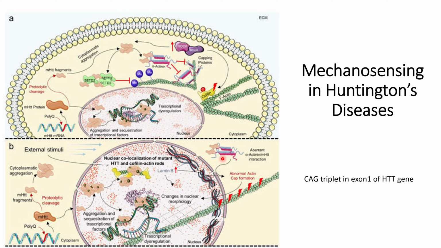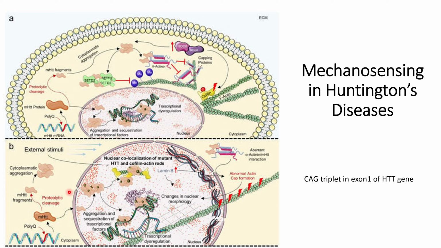However, because of the mutated Huntington, these interactions will be disrupted, and the abnormal cap functions will not be performed as efficiently as when the Huntington protein is produced in its native form. So this, in another way, will cause actin rod-like structure formation in the nucleus and also in the cytoplasmic domain.